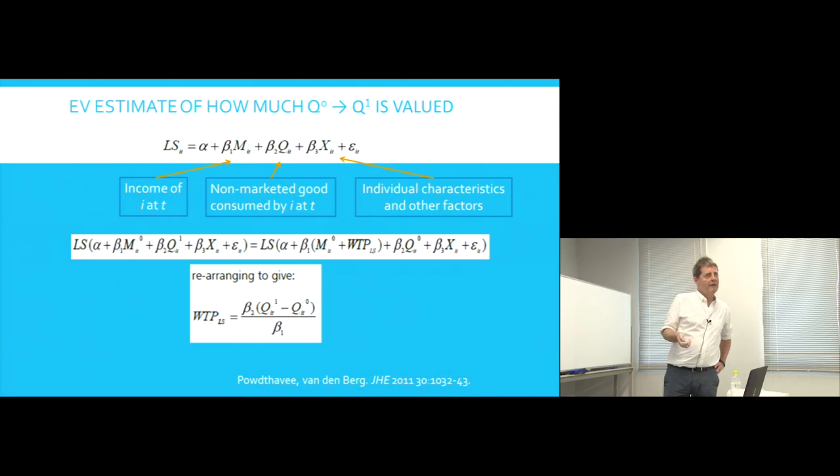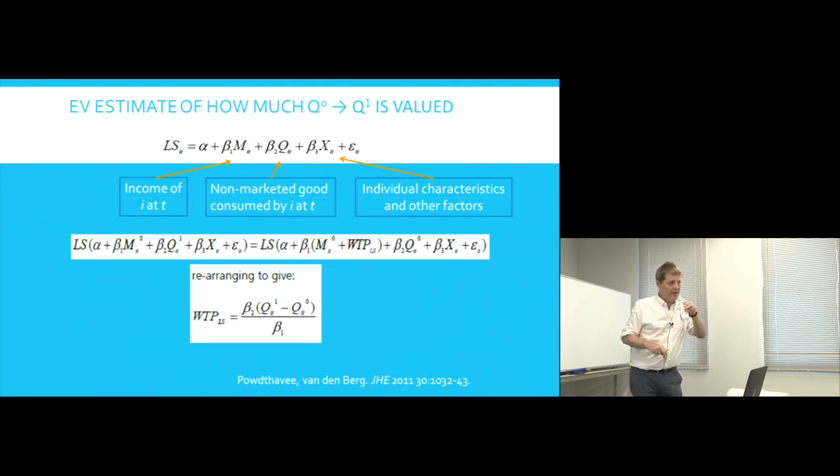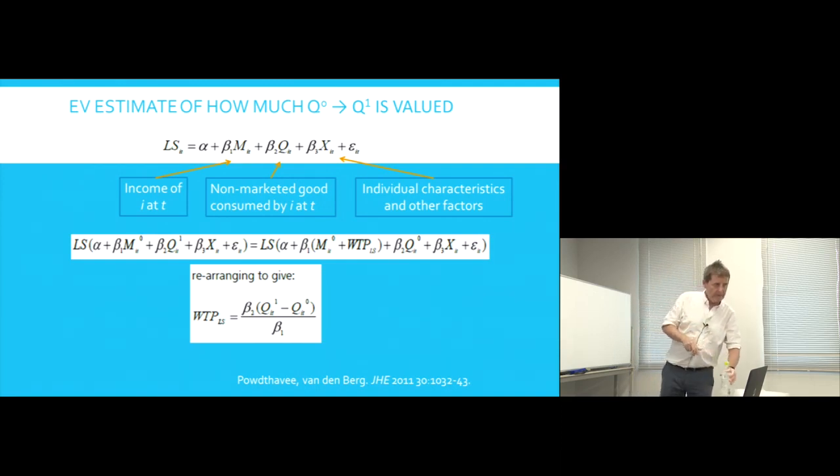This suggests if you have more income and you have standard individual characteristics, that doesn't change per person, it's standard error, then the major factors are going to be my income and my non-marketed good, which is presumably health. Yes, it's health. It's, for example, presence of diabetes or absence of diabetes. So if we increase my income, I should be more satisfied.